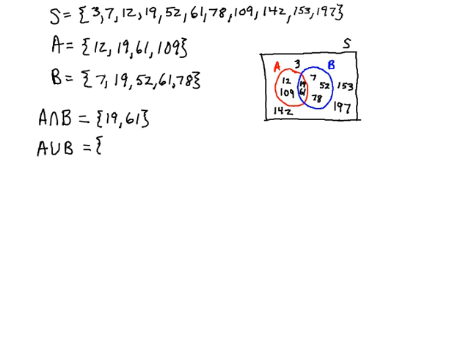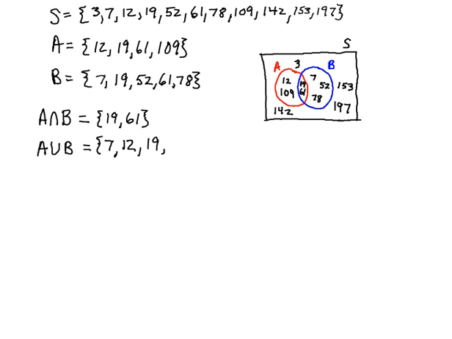That would be 7. 7 is in B, so it's in A or B or both. 12 is in A. It's not in B, but it's in A or B or both. All the values that are in A or B or both. 19, that's in A. It's also in B, but it's a part of the union. And I only mention it one time. So it's just the set of values that appear in one or the other or both.